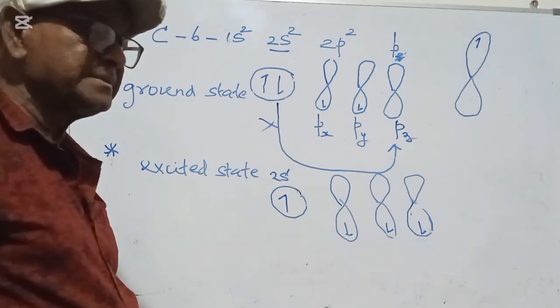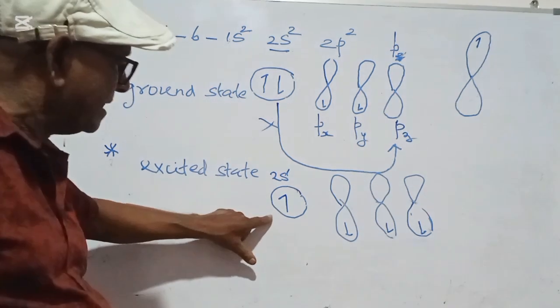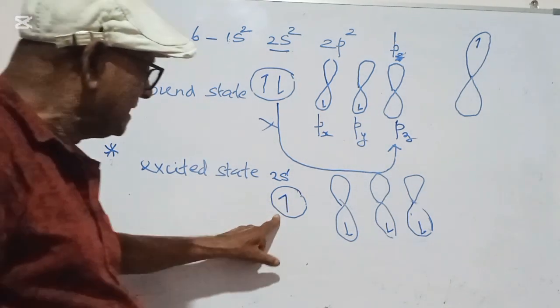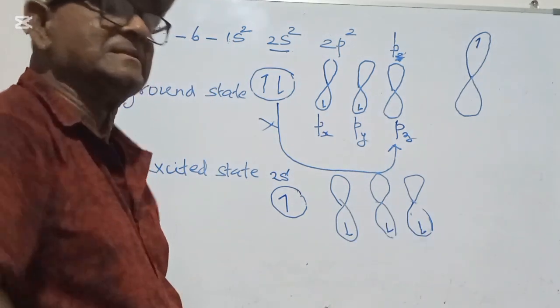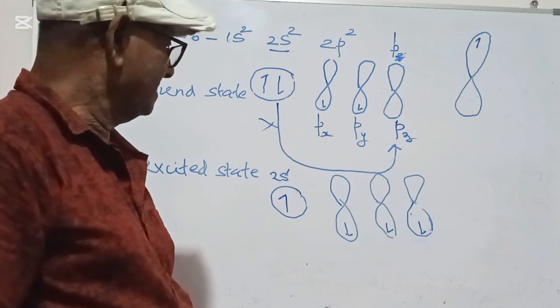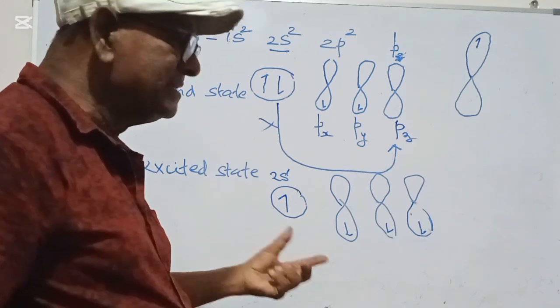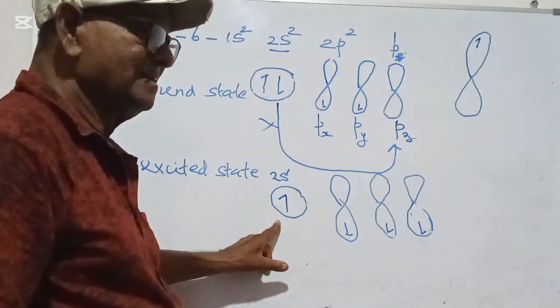After the excitement, see here. Now, carbon has 4 electrons in 4 orbitals, 1 in each. So, then it has the ability to form 4 bonds.